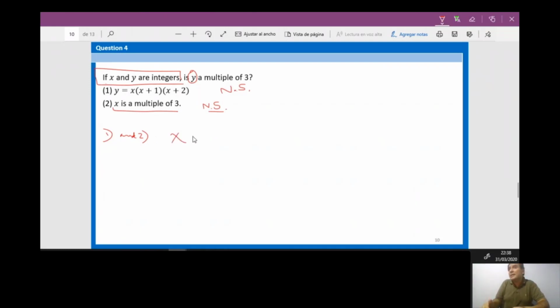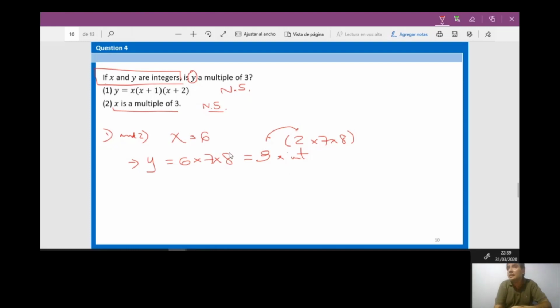For example, let's say that x is 6. Then y equals 6 times 7 times 8. This will also be divisible by 3, right? It is equal to 3 multiplied by some integer. Actually, it would be 3 multiplied by 2 times 7 times 8, right? Because 3 times 2 is 6.